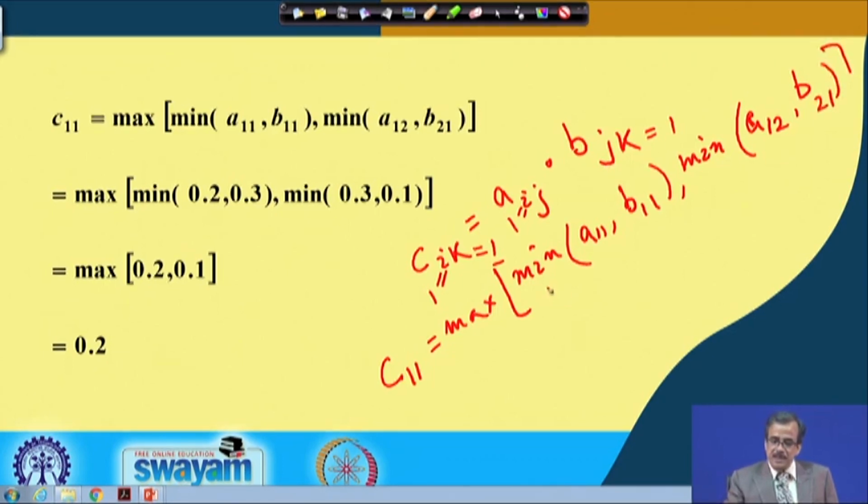So first we find the minimum between these two, the minimum between the other two, and then I find the maximum between these two. That will be C11.